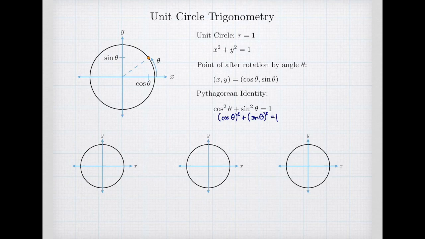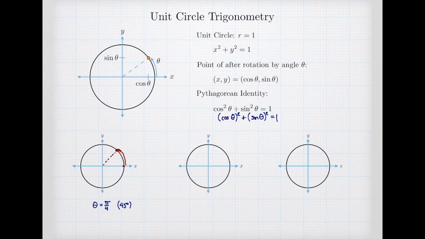I want to talk about a couple examples so that we can think about where they are. So let's do our first example. We're going to look at the angle theta equals pi over 4. And we learned earlier that this corresponds to a 45-degree rotation. So if I thought about starting at my initial point, 45 degrees corresponds to this point.